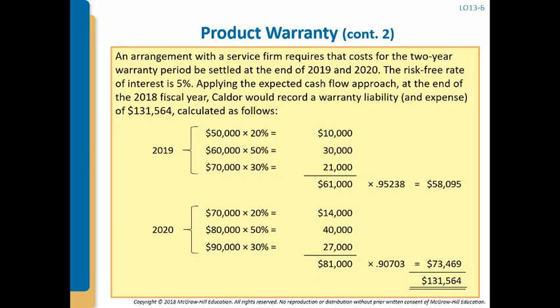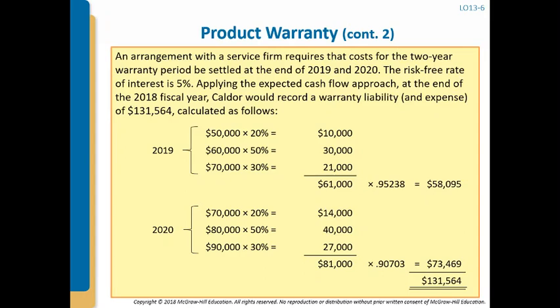So if you look at table 2, present value of $1 under 5%, 1 period is 0.95238. So that's where they got that.